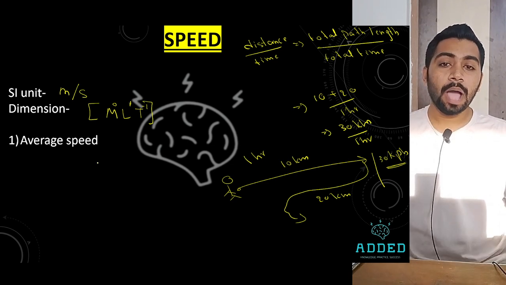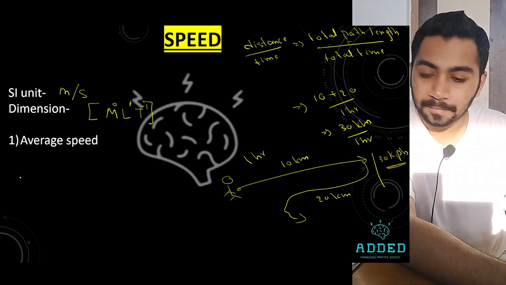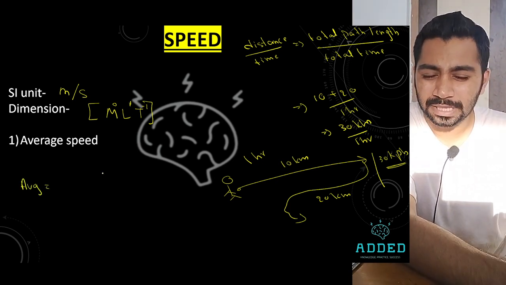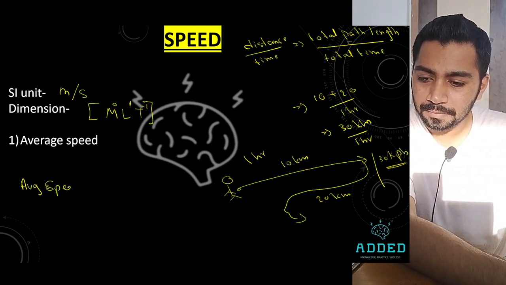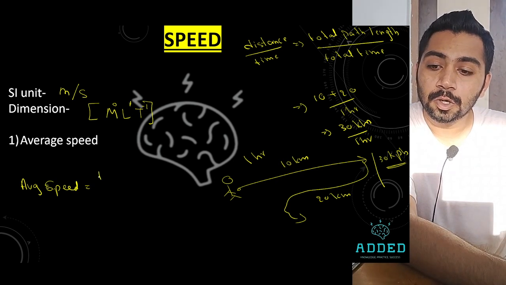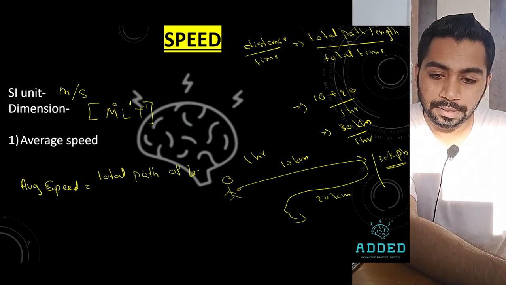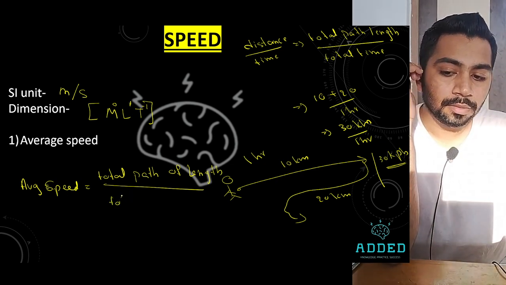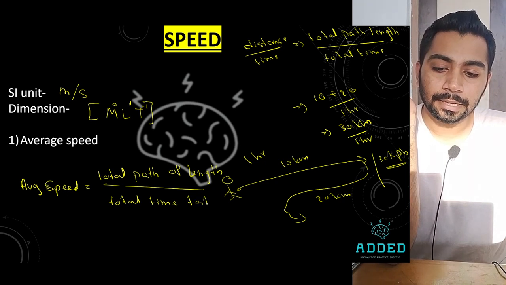Okay. Now average speed. Average speed is also the same. Very simple. Average speed is total path length divided by total time taken.